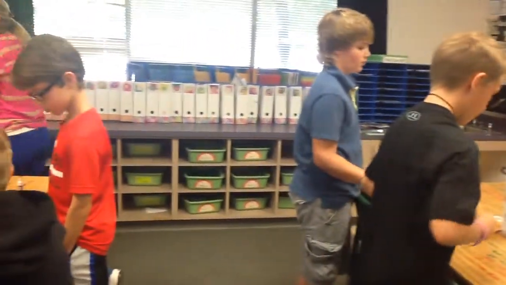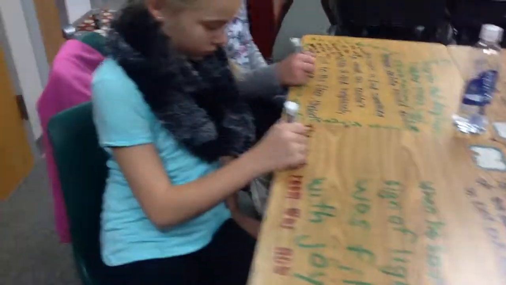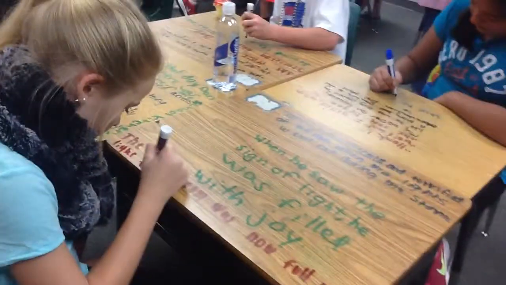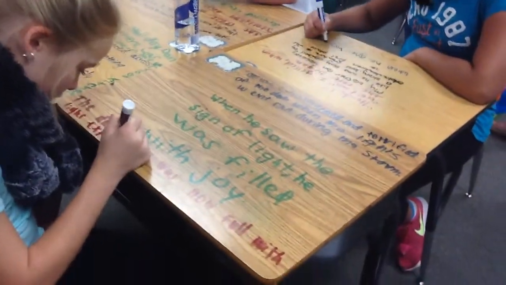About 1 minute left. If you are finished, you can go back and edit through the sentence for spelling. If you see something that you think might be misspelled, go ahead and circle it. We're not going to cross it out.